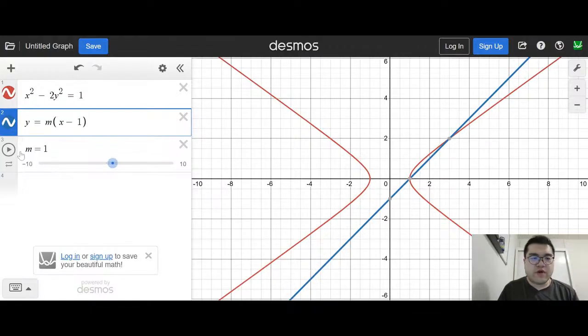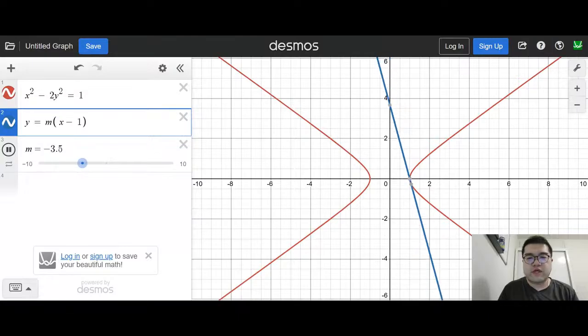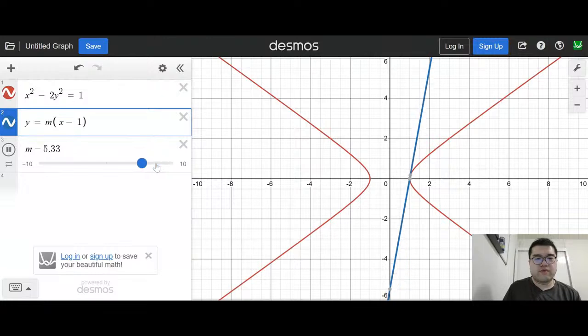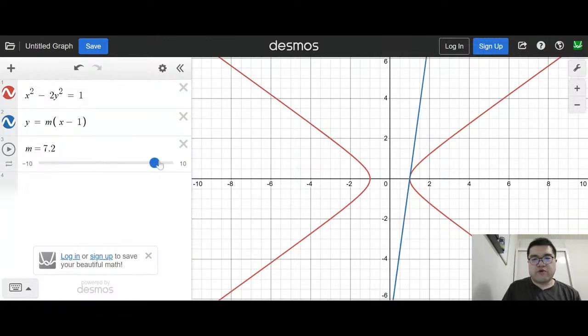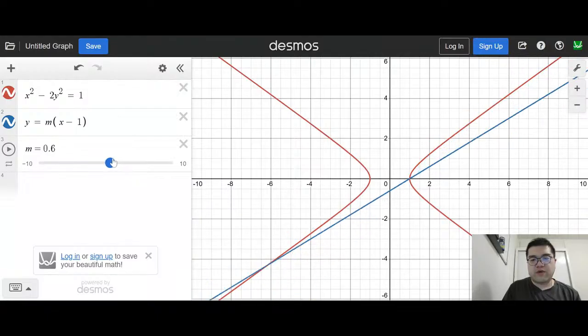Of course, if we change the slider, we can have something very close, and we could also have m be negative so that it might hit the negative side. When m is at 0.6, the other point ends up on the negative side where both x and y are negative.